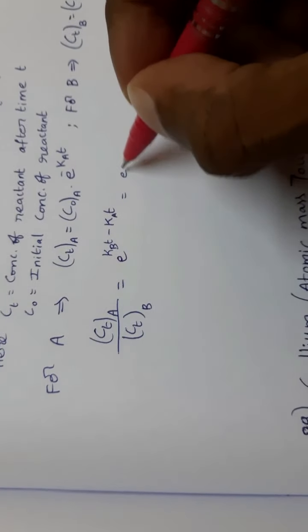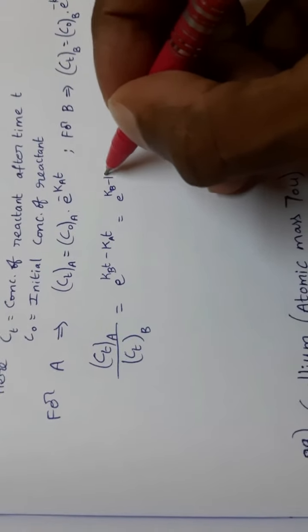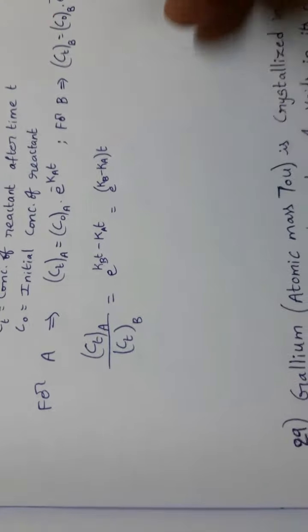By taking t as common we get e power Kb minus Ka into t.